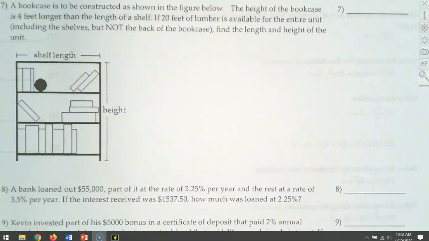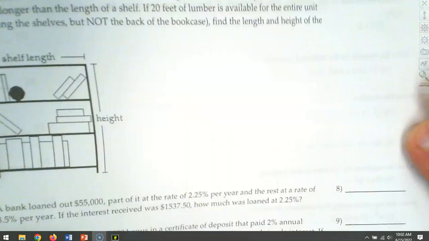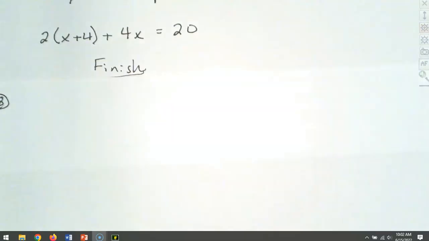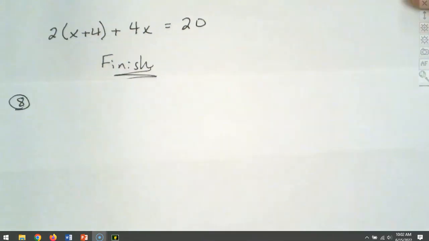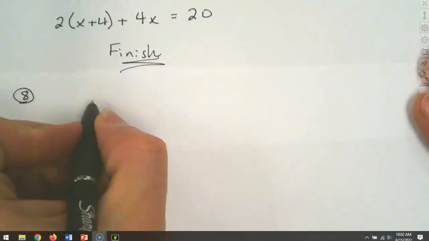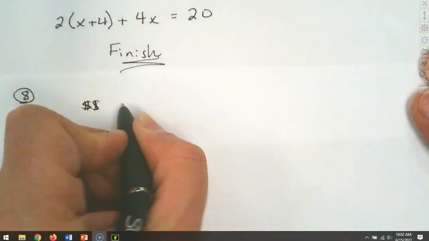The interest was $1,537.50. How much was loaned out at the 2.25%? Now, this question is almost identical to question 5. Not much different at all. It's going to be set up pretty much the exact same way.